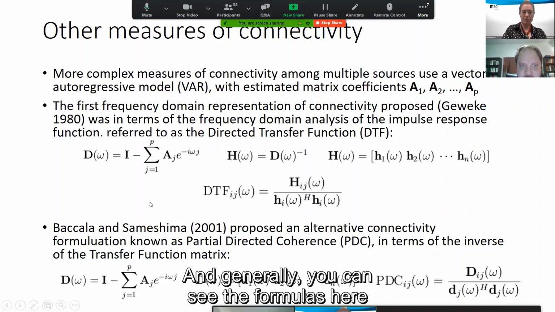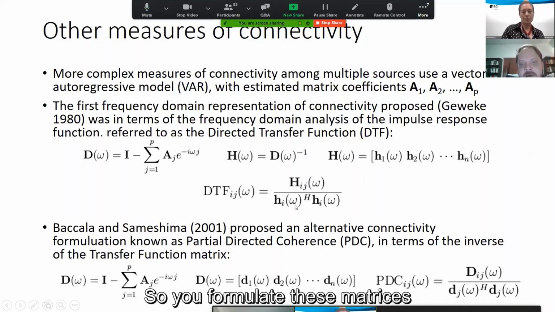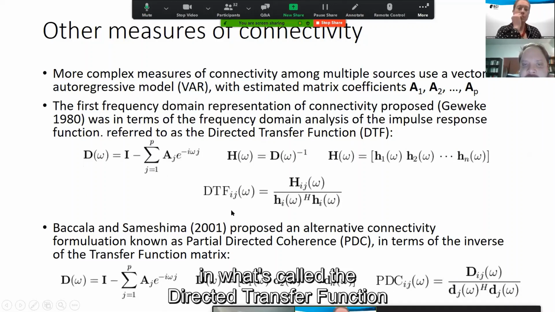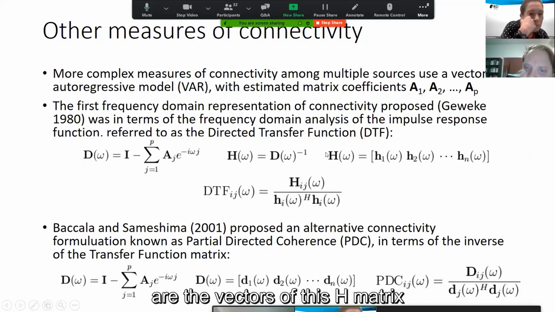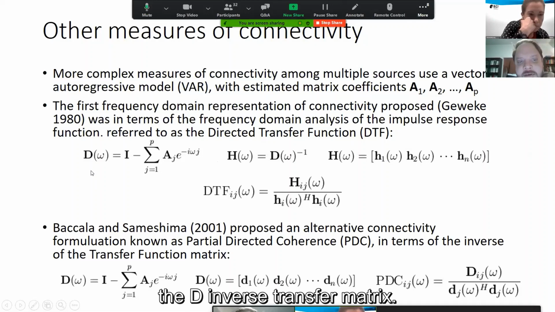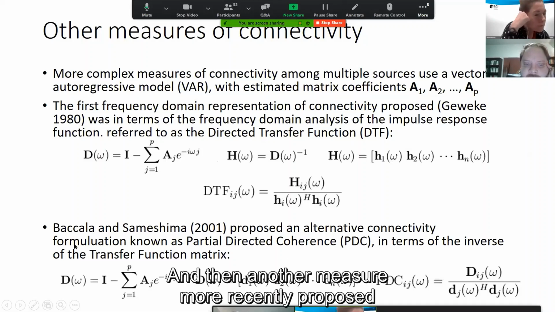Generally, you can see the formulas here in the frequency domain. So you formulate these matrices, and what's called the directed transfer function is defined in this way, where these H vectors are the vectors of this H matrix, which is the inverse of this transfer matrix.